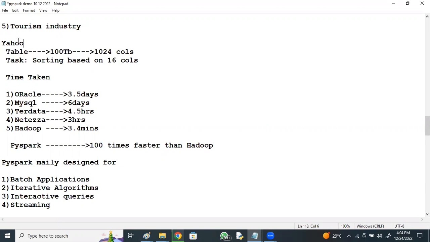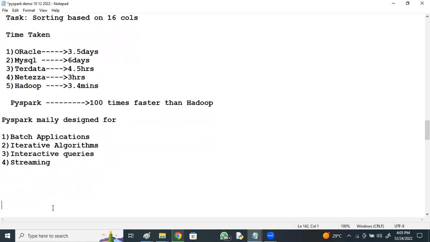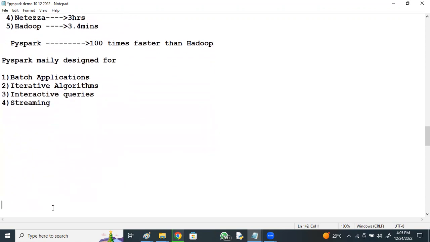PySpark is mainly designed for batch applications, for iterative algorithms, interactive queries, and for streaming, right?